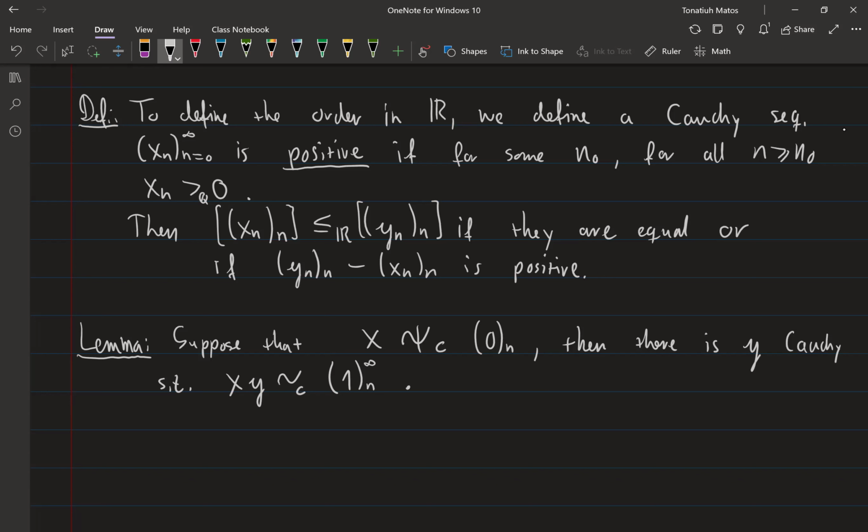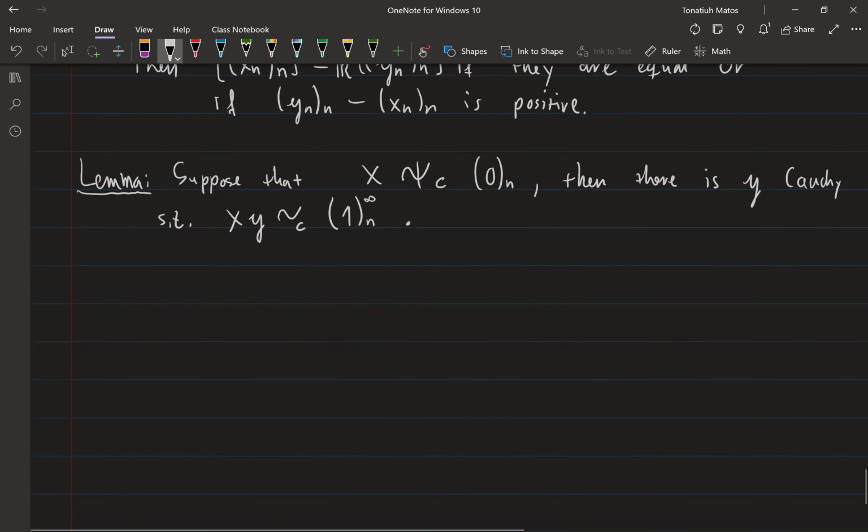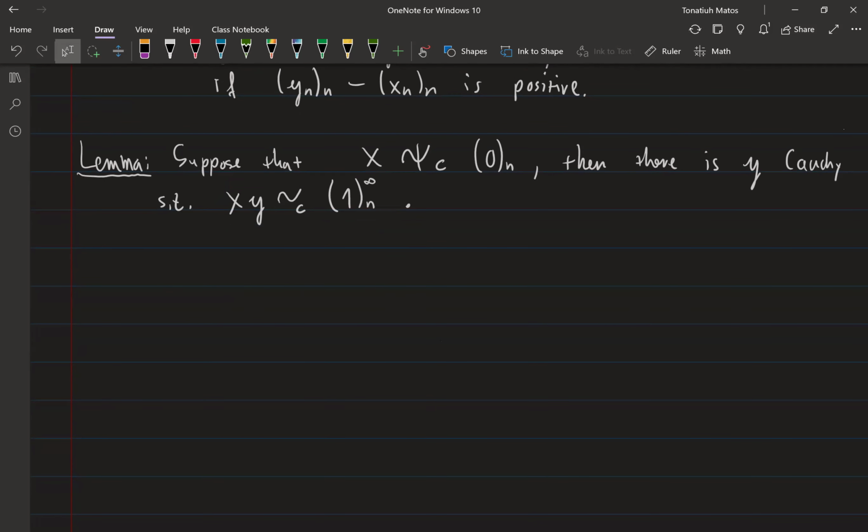And this tells you that the real numbers are a field. This is the most important part, right? You have a non-zero number, or non-zero real number x, then there is a y, also a Cauchy sequence, such that x times y is 1. So y is the inverse of x whenever x is non-zero, right?